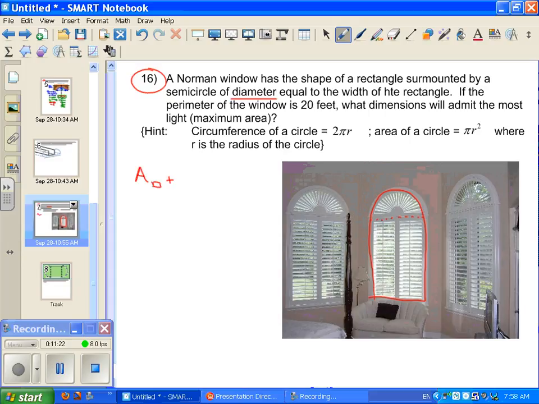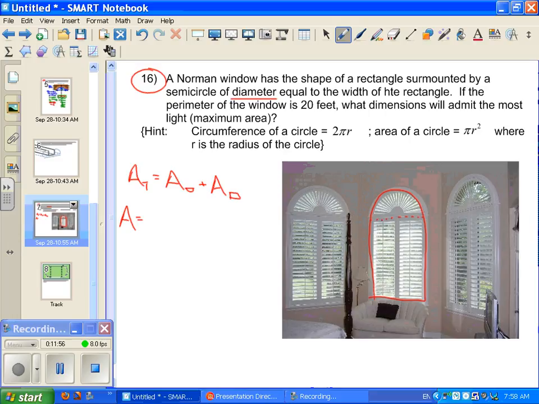And then we need to add on, so my total area, let's do it this way, equals the area of the semicircle plus the area of the rectangle. All right, and we just need those to both be in terms of the same variable, whatever variable you want to use. X. Okay. R. Okay, let's use r, because most of my formulas have to do with that r.